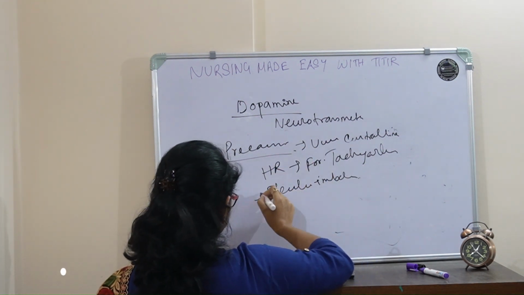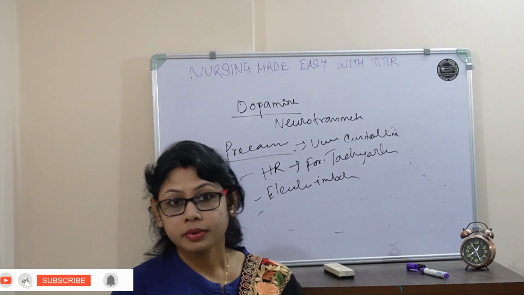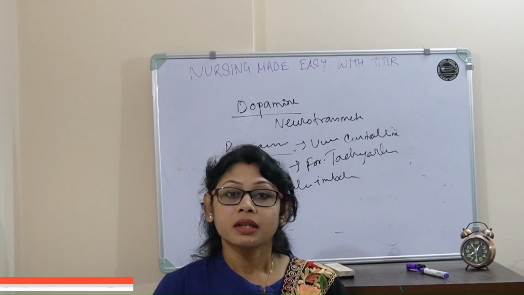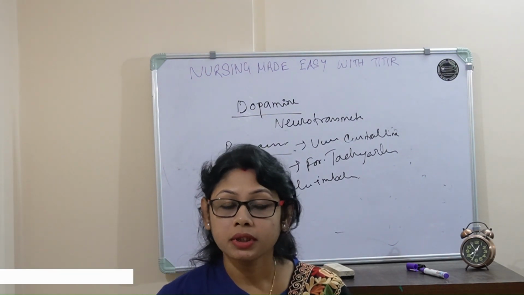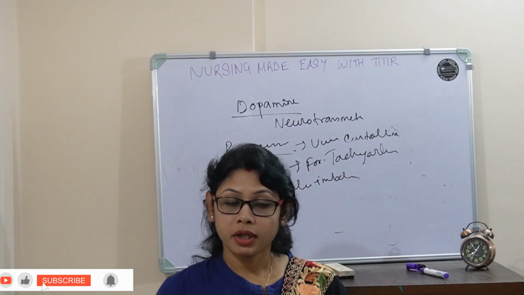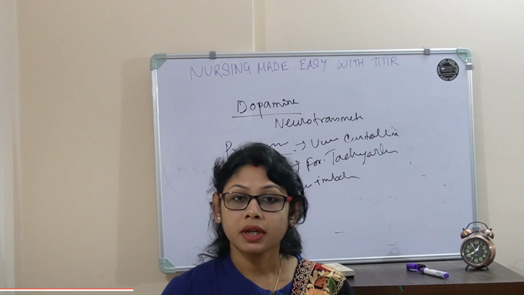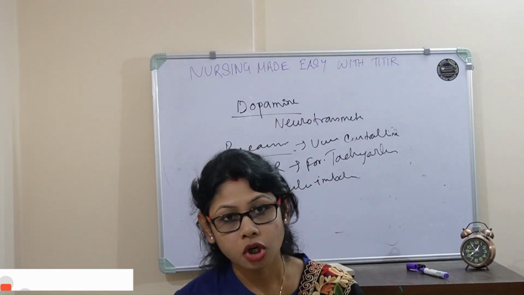And lastly, try not to stop the medicine directly. Taper the medicine or titrate the dose according to the patient's vitals or hemodynamic stability. You can reduce the dose, and after that you can stop the medicine.